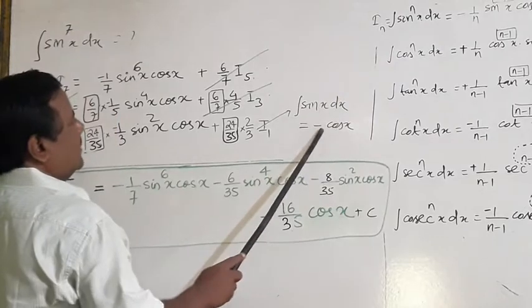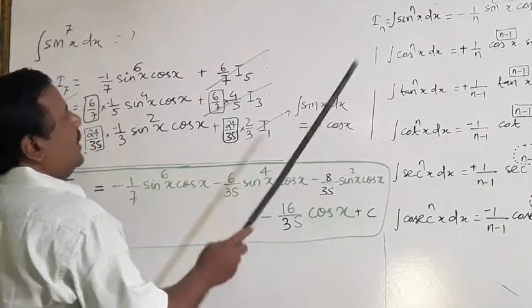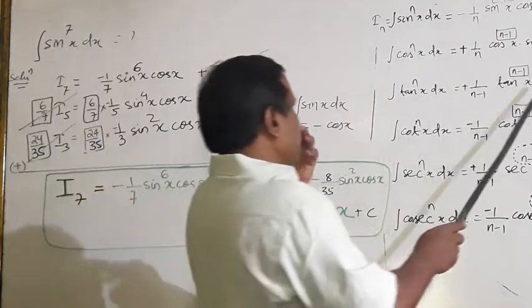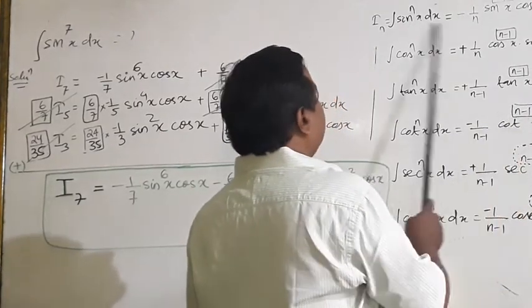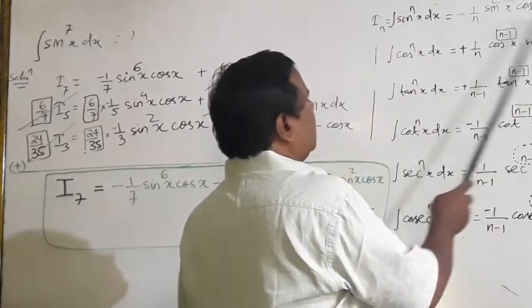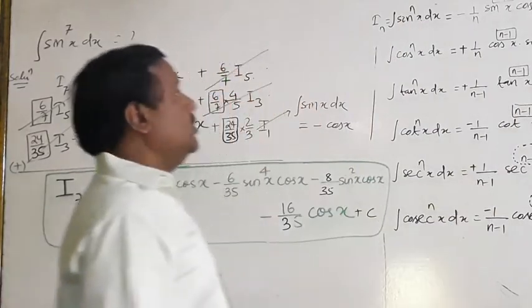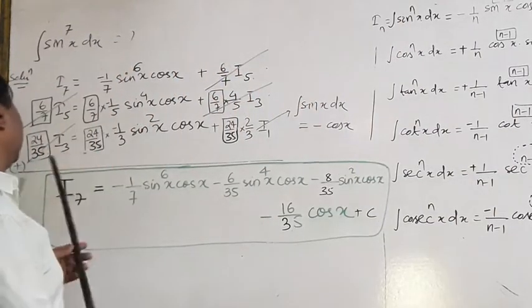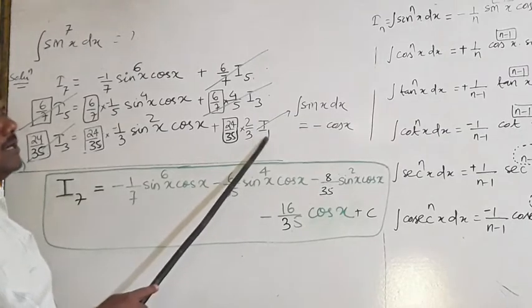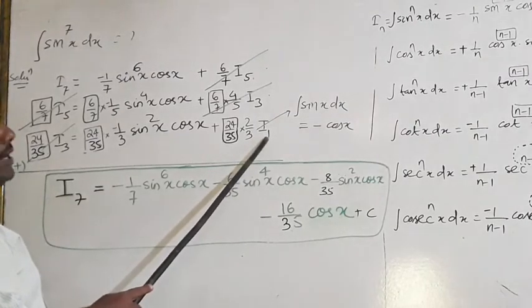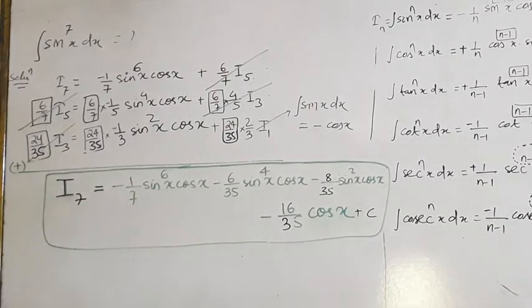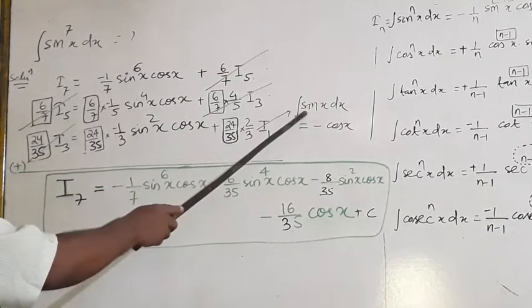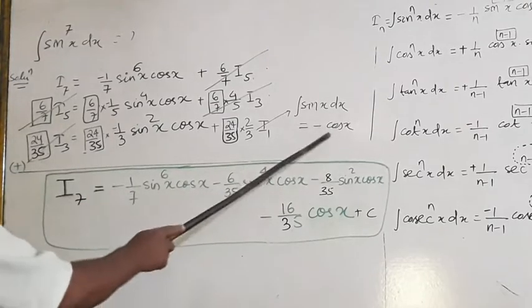Mind it, here n is always greater than 2. So everywhere you have to apply the formula when the condition n greater than 2 holds. But here I1, this is 1, not greater than or equal to 2. So that's why you have to put I1 as the integration of sin x, that is minus cos x.